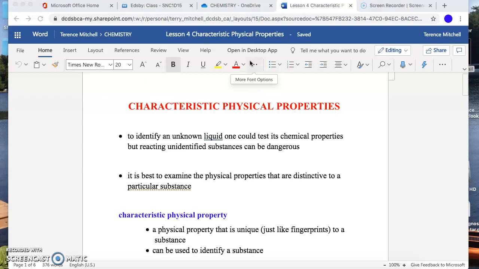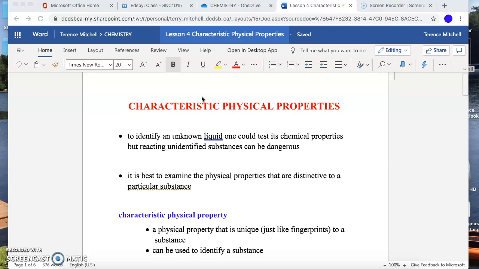So obviously, testing chemically has some serious safety concerns, and we don't necessarily want to do that either. So how can we tell what this beaker of clear liquid is? Before we get into testing chemically, because that's going to be our last resort, we're going to see if there are any characteristic physical properties, and that's today's lesson, today's note.